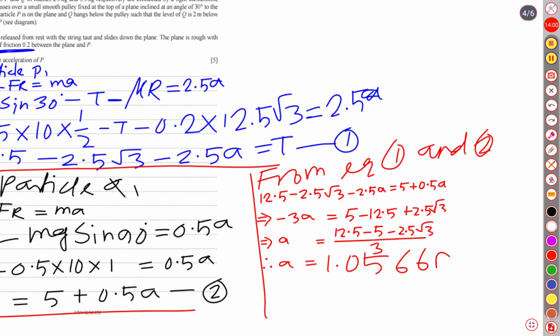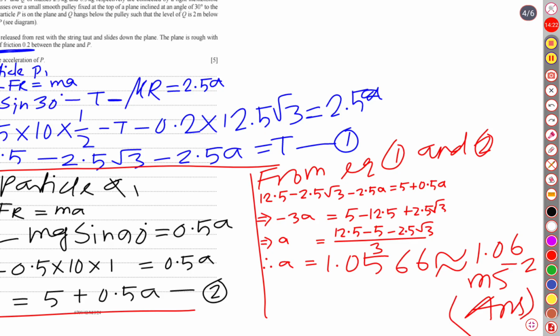If we just round it up to three significant figures, it is going to be 1.06 meter per second square. So this is what our answer should be.